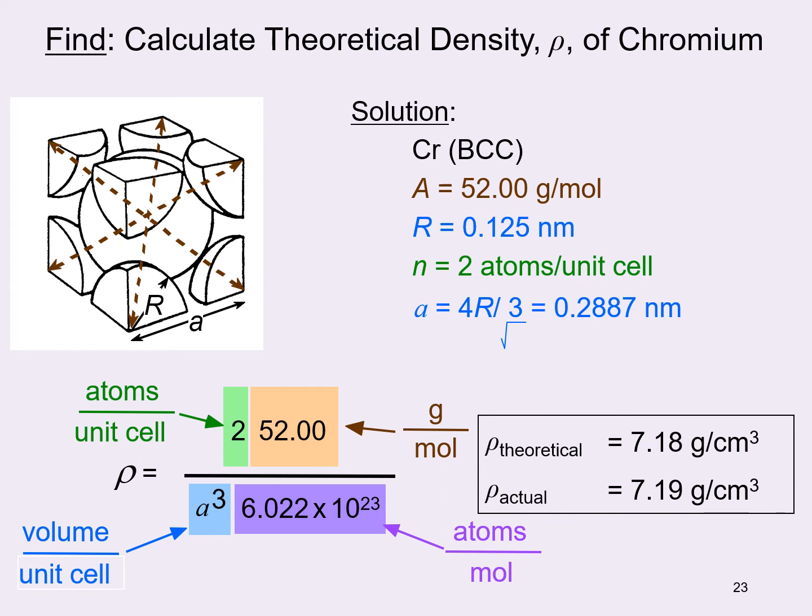Here's an example. The question is: find the theoretical density of chromium. So our solution: we know that chromium is a body-centered cubic structure, the atomic mass is 52 grams per mole, the atomic radius is 0.125 nanometers, we have 2 atoms per unit cell, and a equals 4R divided by the square root of 3, and that equals 0.2887 nanometers.